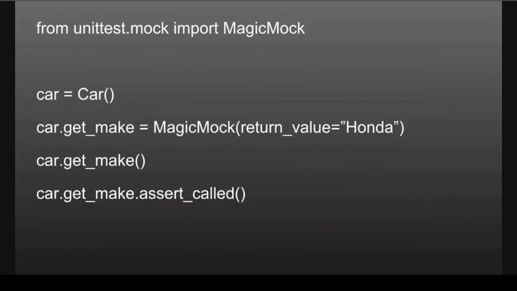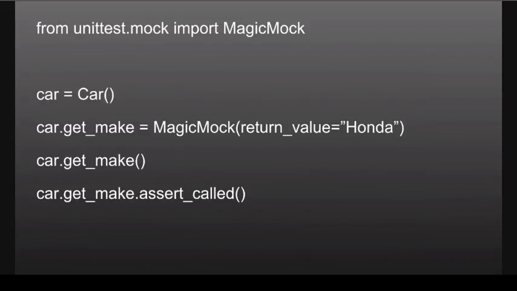So here's a very basic use of the MagicMock class. Say I have a production Car class. I instantiate it, but using some Python magic, I can take, say, Car's getMake method, which would return the car's make, and give it a MagicMock method, which will always return a Honda, so that we're fixing the return value of that function.